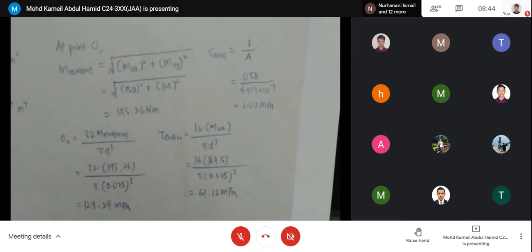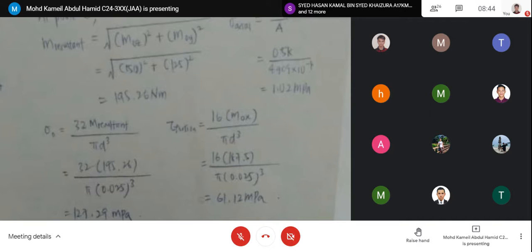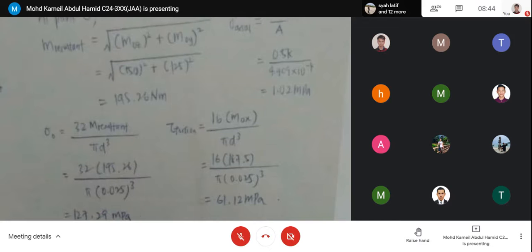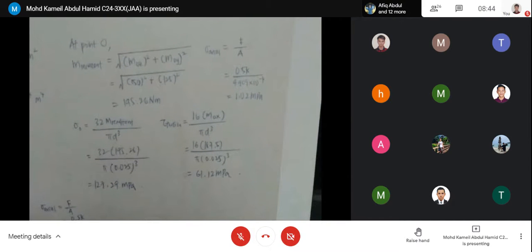Okay, so to apply your sigma for bending, sigma OA, 32 times the M resultant is 195, and then over pi d cube. Be careful, the d value is 0.025. This is for part OA. The diameter of the shaft is 0.025 for shaft OA.